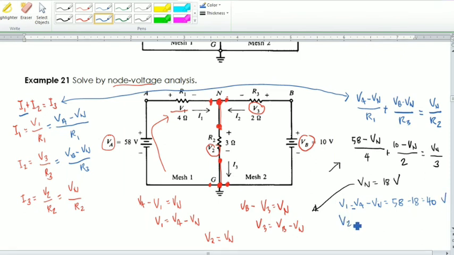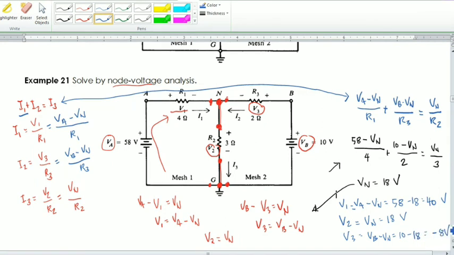While for V sub 2, we have equals V sub N, so that is 18 volts. And for V sub 3, we have V sub B minus V sub N, or that is 10 minus 18, or that is negative 8 volts. Okay? Now, this is already answered.